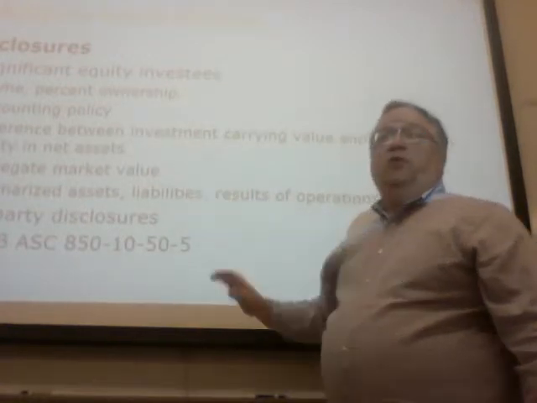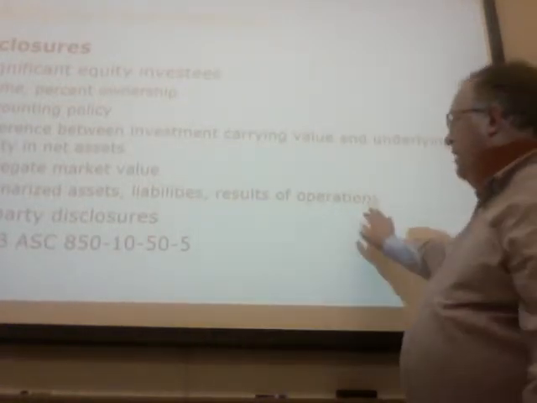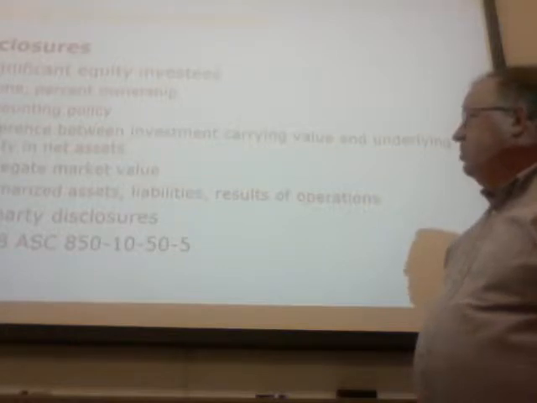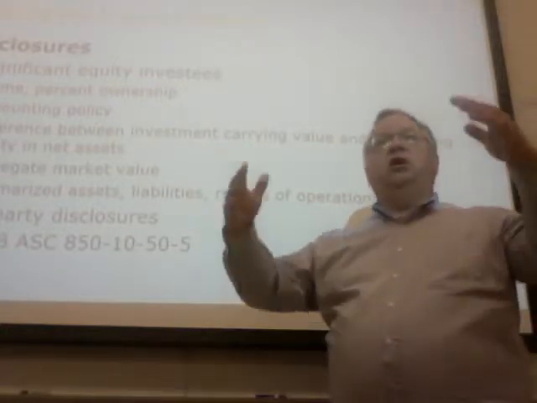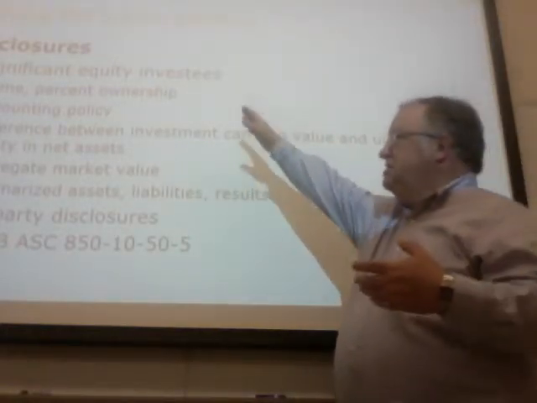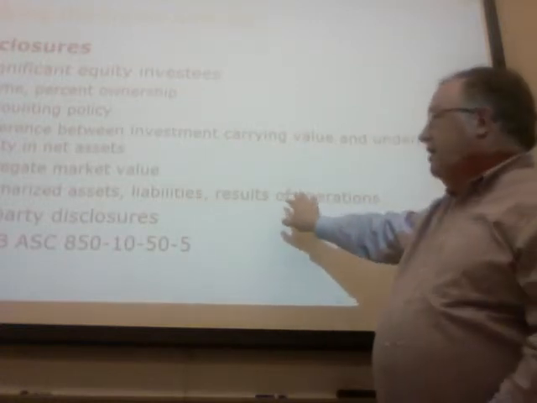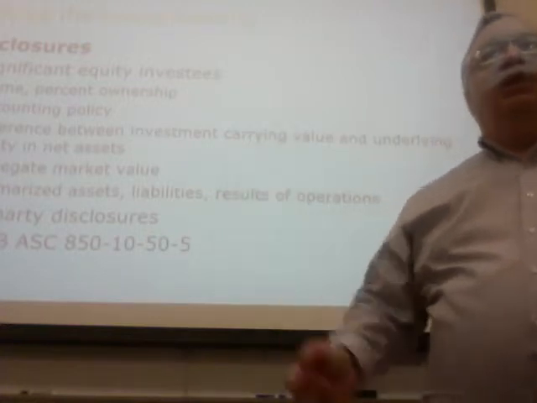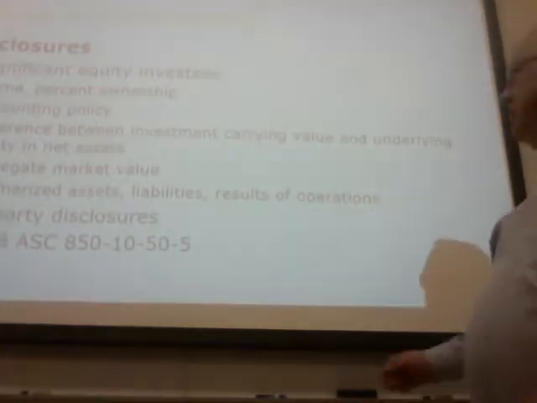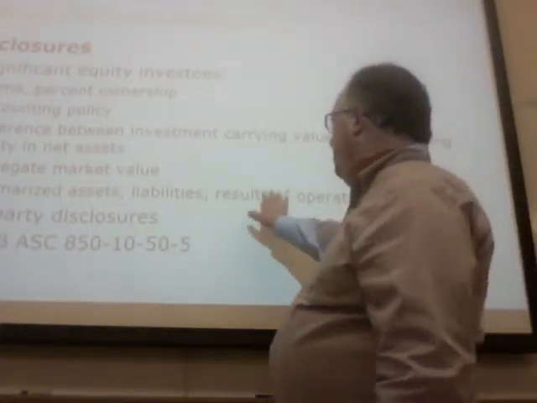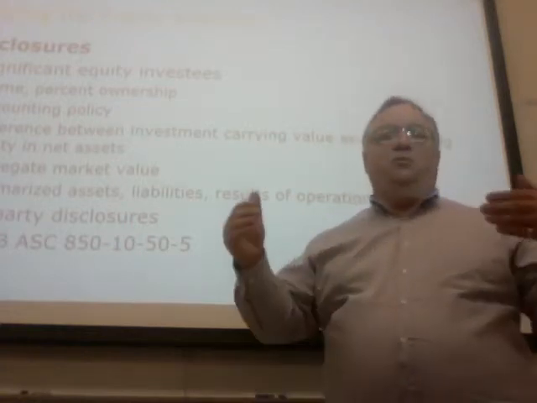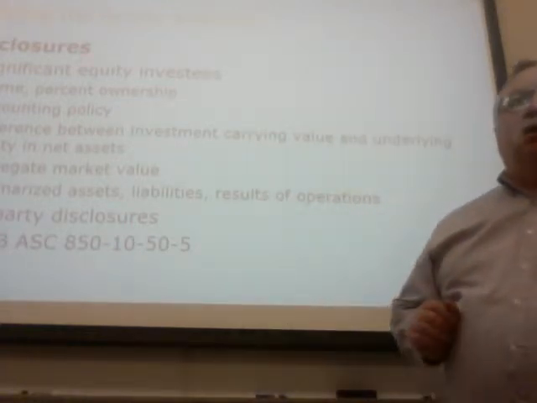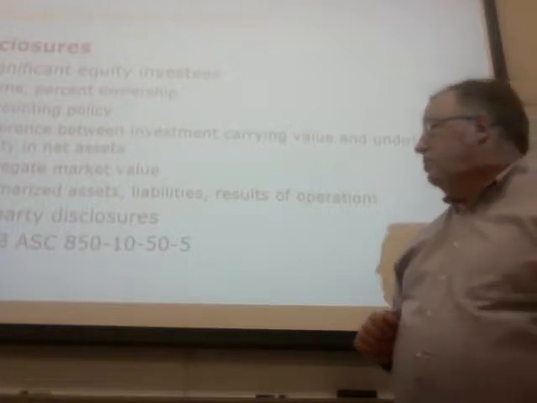Aggregate market value of the investment, if known, and then summarized assets, liabilities, and results of operations. So if you can imagine this little footnote, we've got these explanations up here, and then we've sort of got a mini set of financial statements in our footnote. Just a basic mini snapshot of that investee's financial picture.